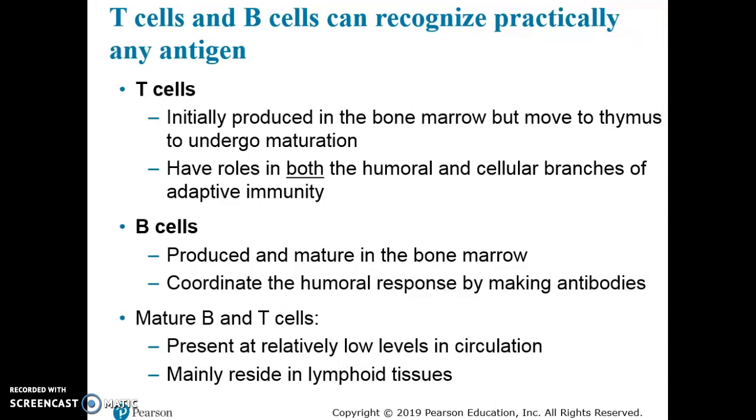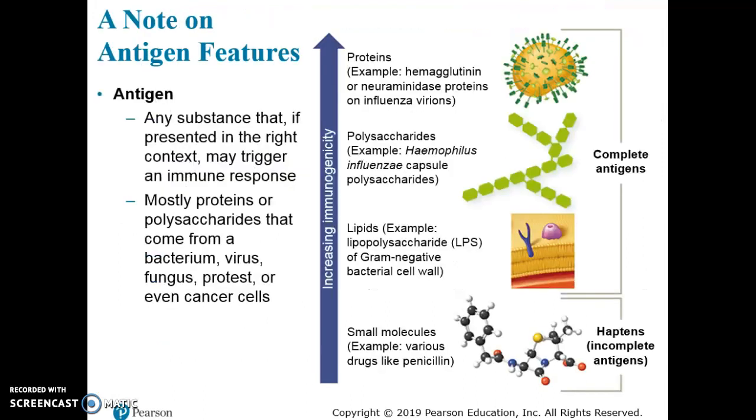Mature B cells and mature T cells are actually at relatively low levels within the blood circulation, because they mainly reside in the lymph tissues, right? Those lymph nodes primarily, some at the spleen, and then a few might actually be found in the bone marrow. They kind of migrate back, but proportionally, you're going to find most of them in the lymph nodes.